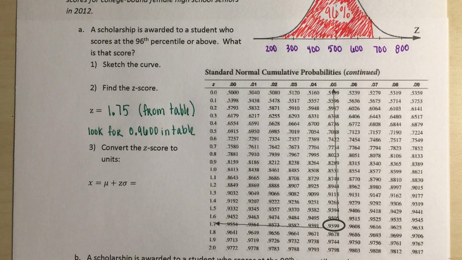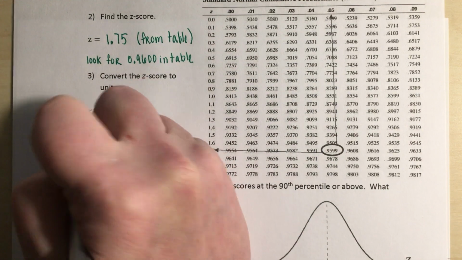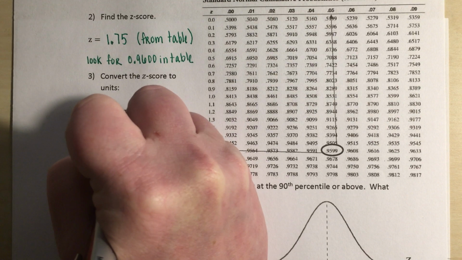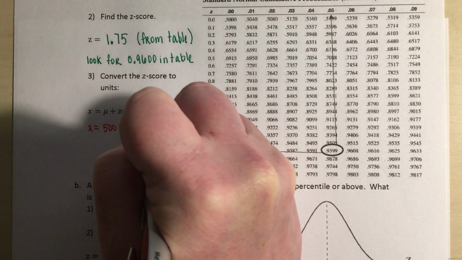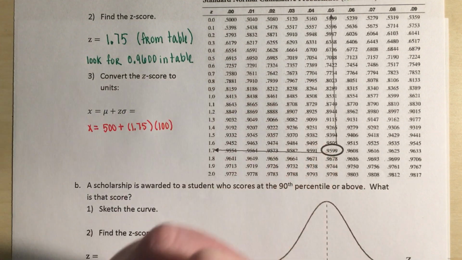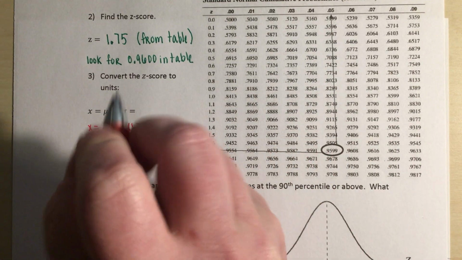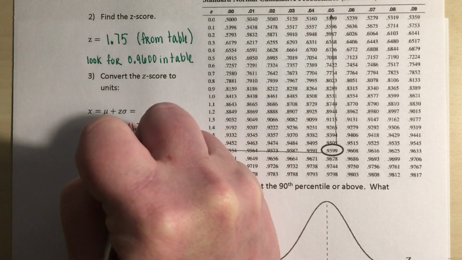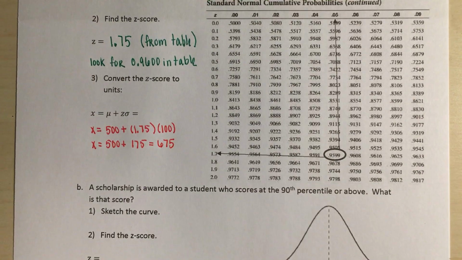Once we have that z-score, we're going to convert it to standard units using the formula we see there. x equals mu, our mean, plus z, which we just found was 1.75, times sigma, our standard deviation, which was 100. So this gives us 500 plus 1.75 times 100, which is 175, for a total of 675.